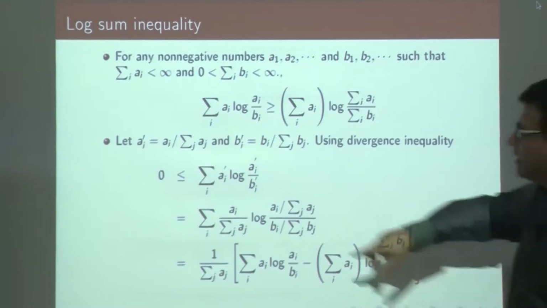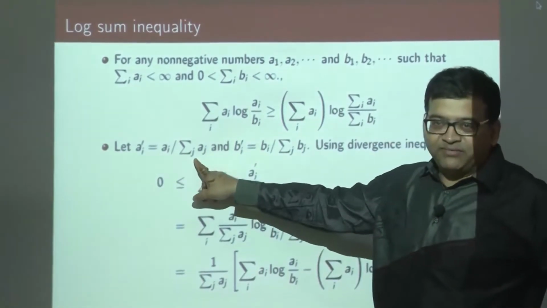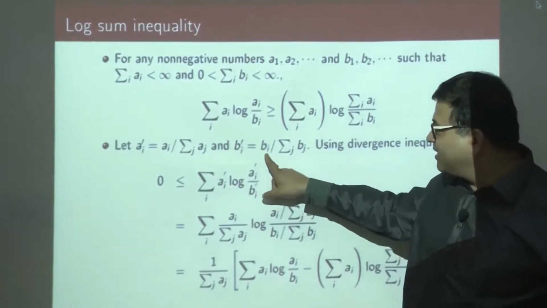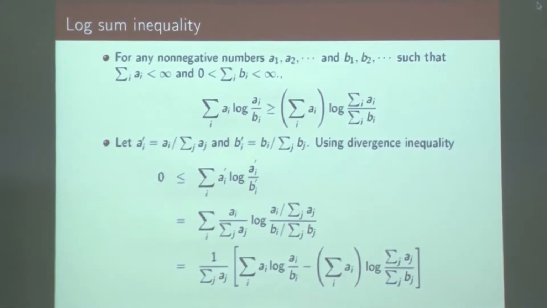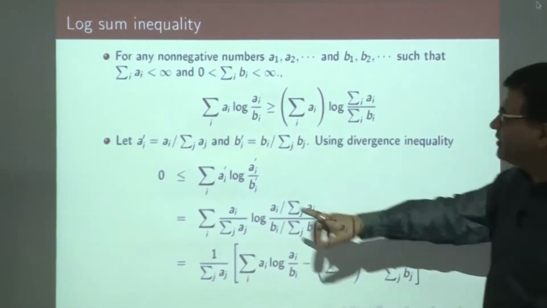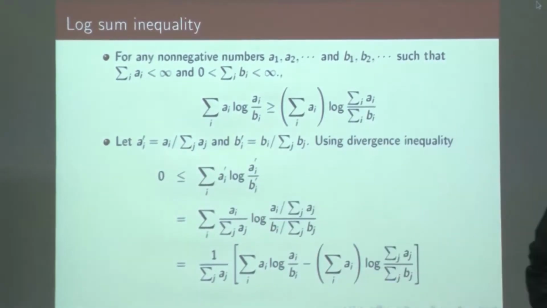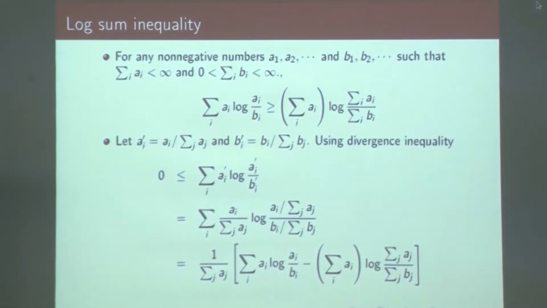So I am defining ai dash as ai divided by the summation of ai, and similarly I am defining bi dash as bi divided by the summation of bi's. And I am finding the divergence between ai dash and bi dash. Now from the result that we have proved, the divergence between ai dash and bi dash would be greater than or equal to 0.